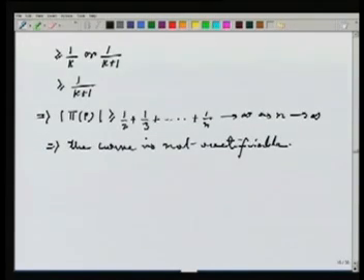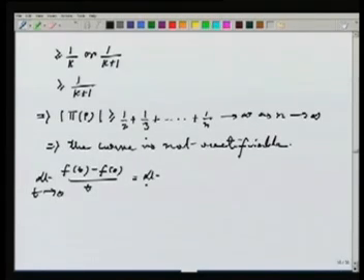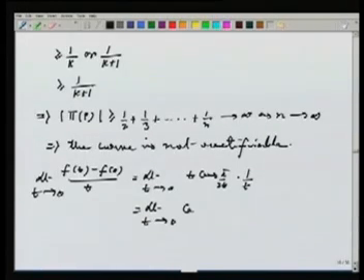Well, this is happening because if I look at the derivative of the function, the limit as t goes to 0 of (f(t) minus f(0)) by t, this is the limit as t goes to 0 of t cos(pi by 2t) into 1 by t, that is the limit as t goes to 0 of cosine(pi by 2t).